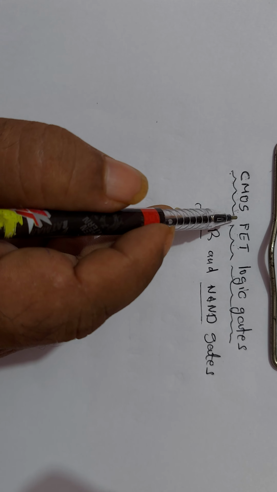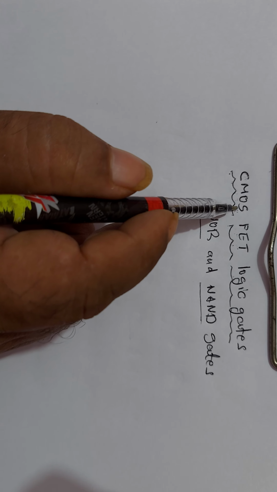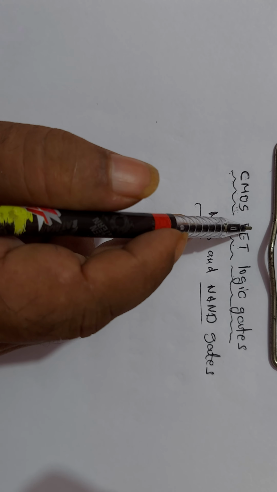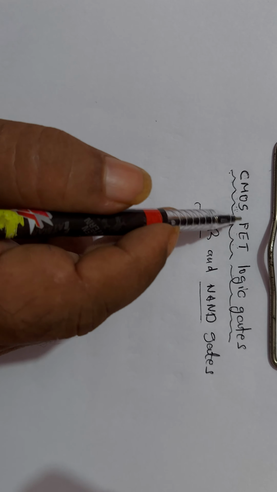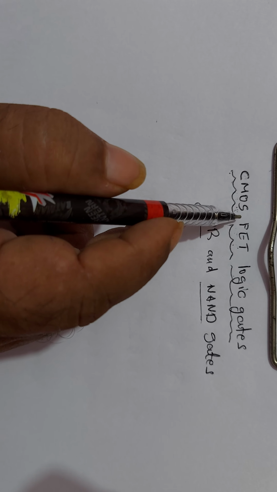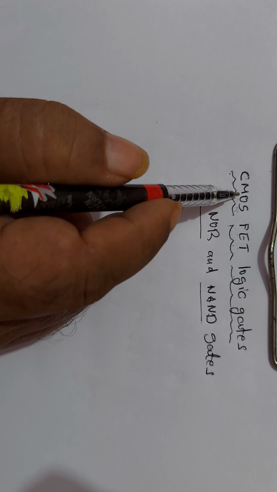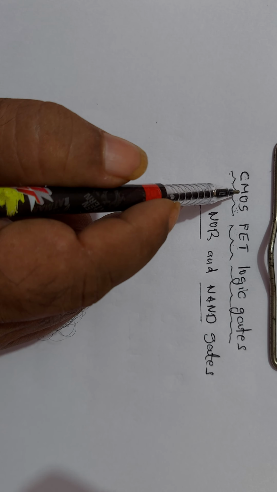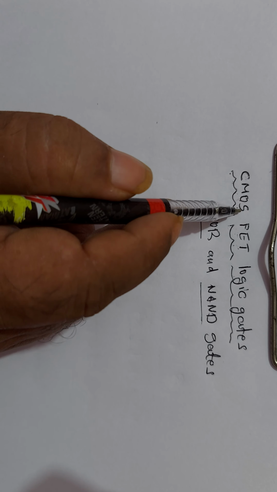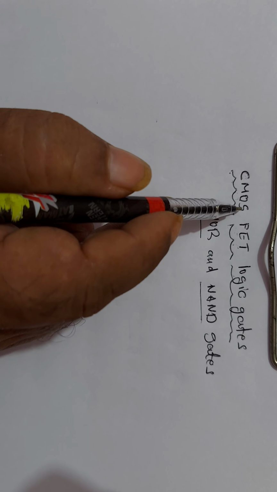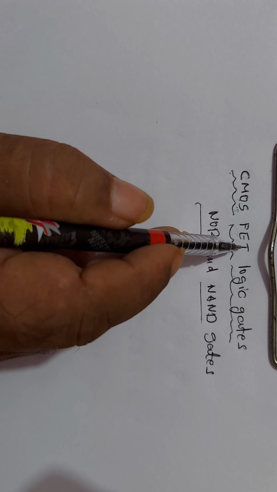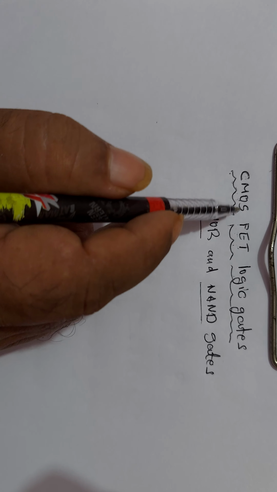The transistor constructed using semiconductor, in which the input electric field voltage produces output current, is called a semiconductor field effect transistor, and it is constructed by depositing metal oxide on semiconductor. Therefore, it is called metal oxide semiconductor field effect transistor. Simply we say MOSFET.